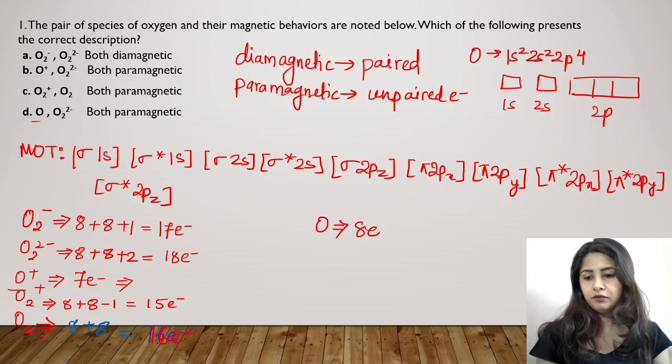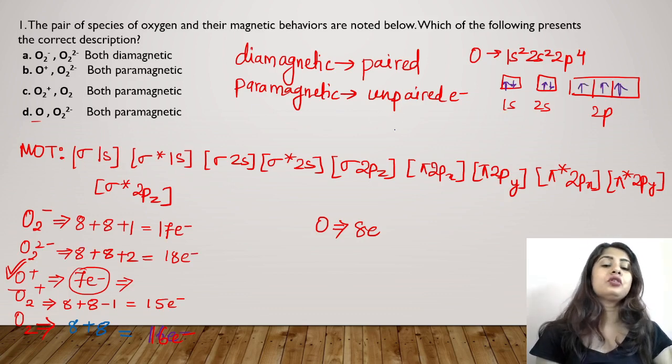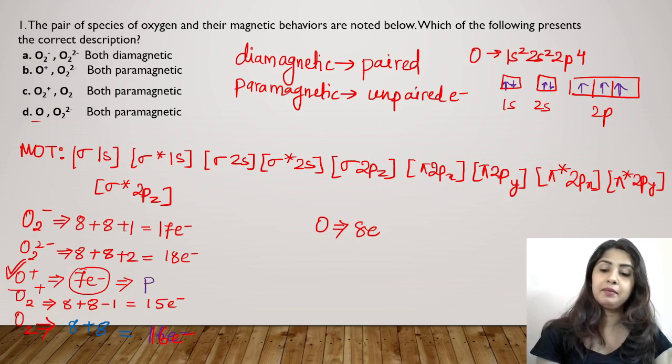So in case of O plus, in which you have 7 electrons here, you can just fill it 2, 4, then comes 5, 6 and 7. So it consists of 3 unpaired electrons. So very clearly it is a paramagnetic ion. So I'll just write P over here, right? So just remember it is paramagnetic.